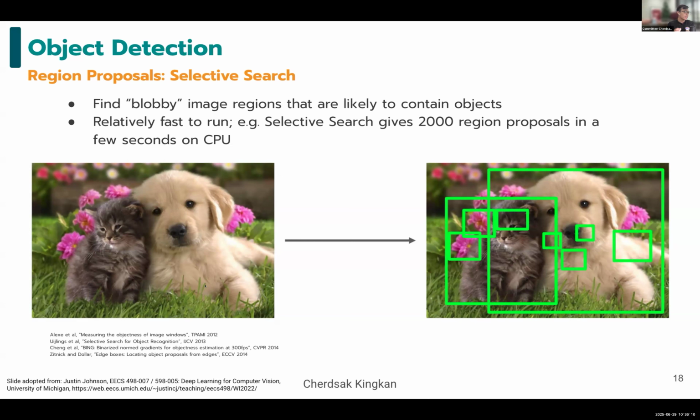And this technique runs relatively fast to find potential regions within the image that would likely contain any object. By using this algorithm, it returns roughly 2,000 region proposals in a few seconds on our CPU, right?